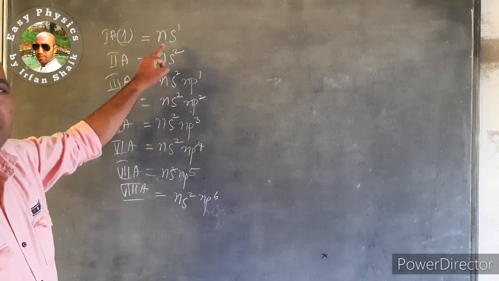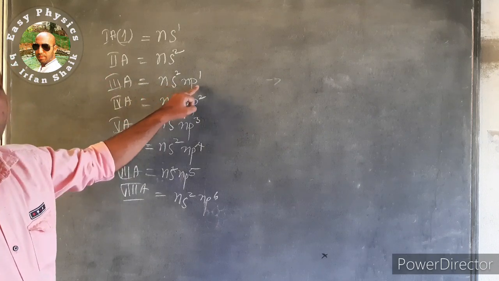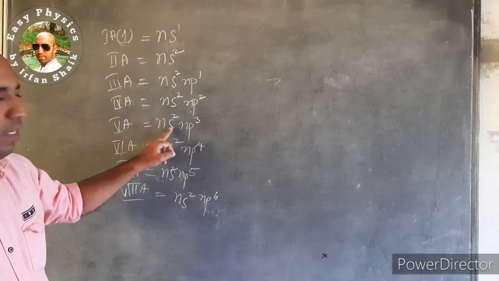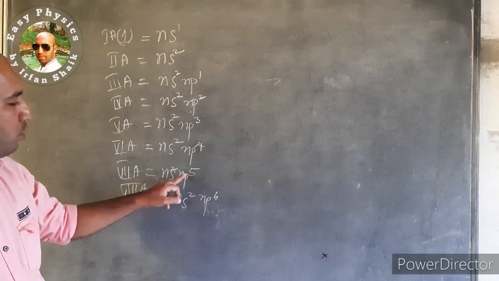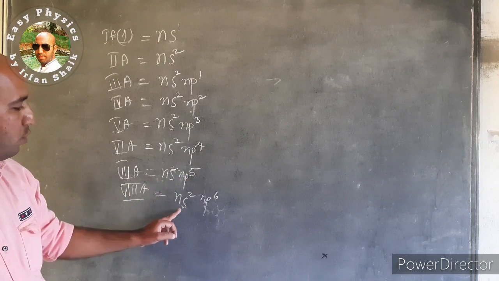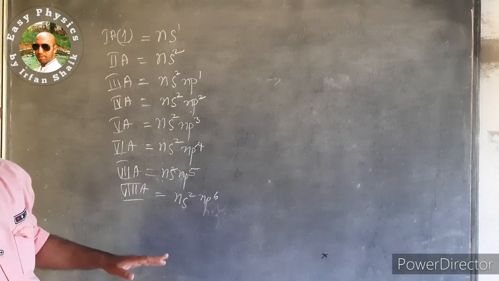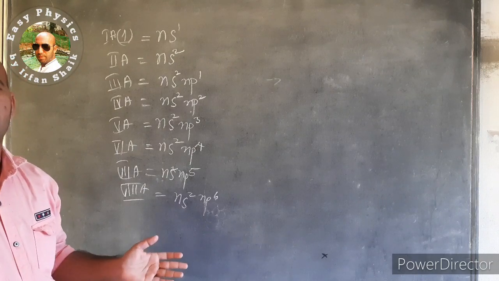So 1A group ns1, 2A group ns2, 3A group ns2 np1, 4A group ns2 np2, 5A group ns2 np3, 6A group ns2 np4, 7A group ns2 np5, and the noble gases ns2 np6. We must remember these general valence electronic configurations to know the group number easily.